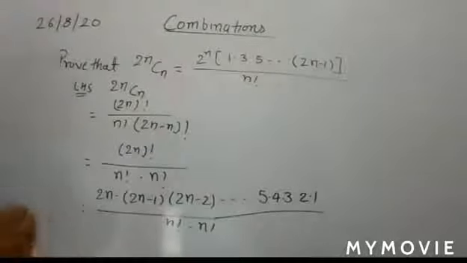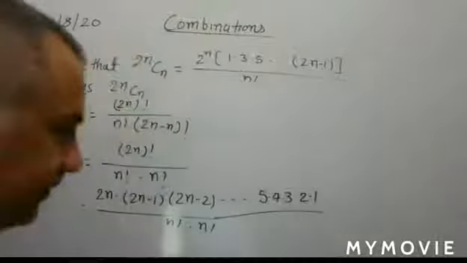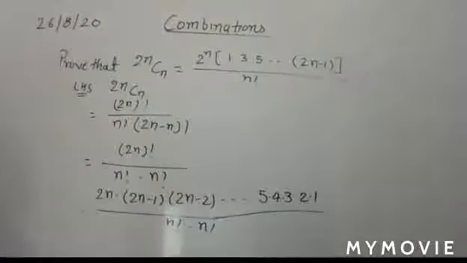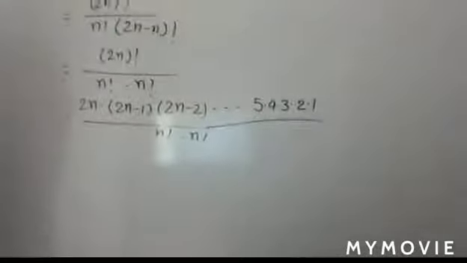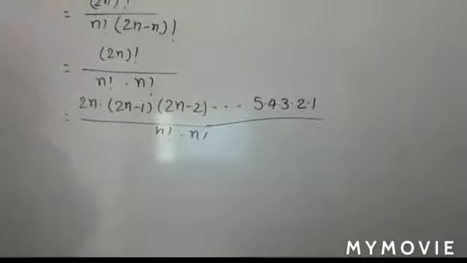So here you take 2 common from each of the even terms. You have n even terms, so you have n times 2, that is 2 into 2 up to n times.